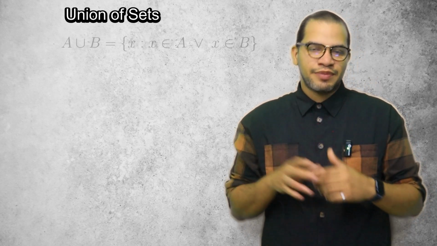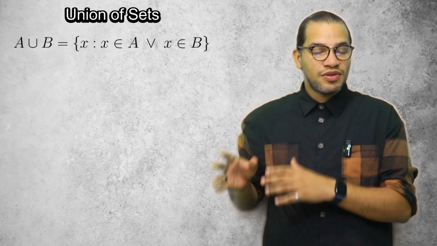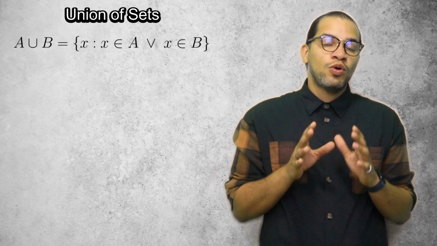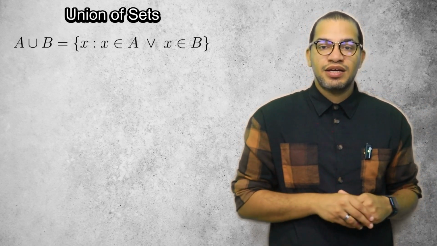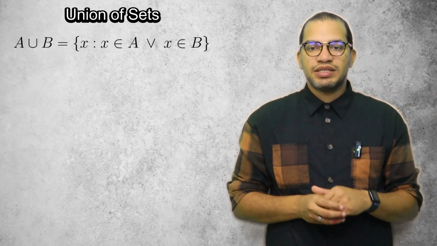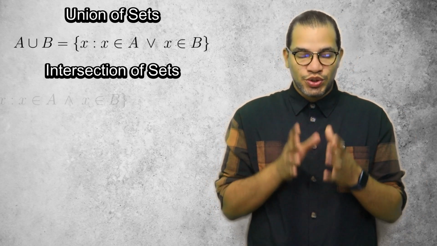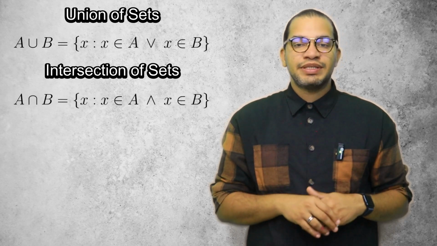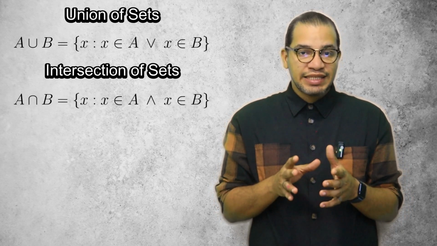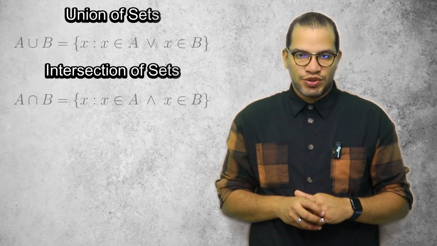Let us consider two sets, A and B, and we define the new set A united with B as the set of all elements X such that X is in A or X is in B. As well, the set A intersection B is the set of all elements X such that X is both in A and B simultaneously.